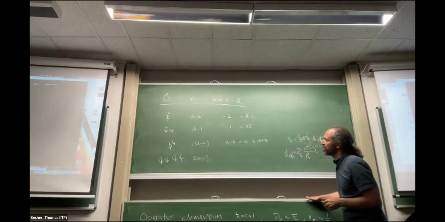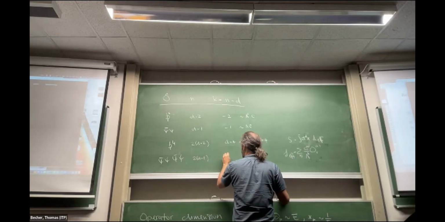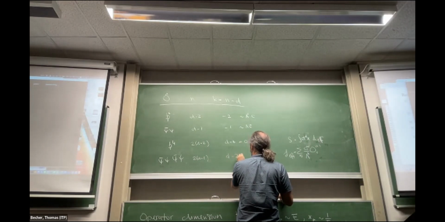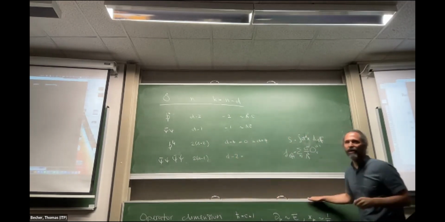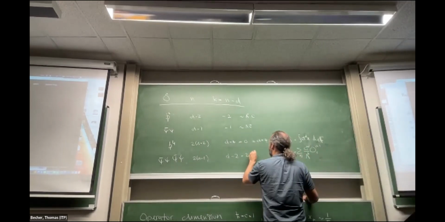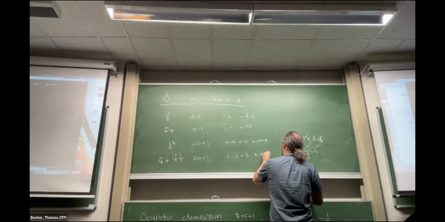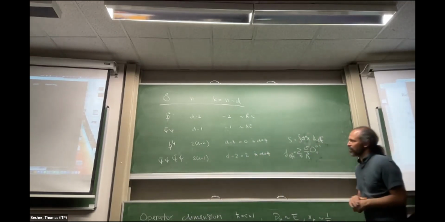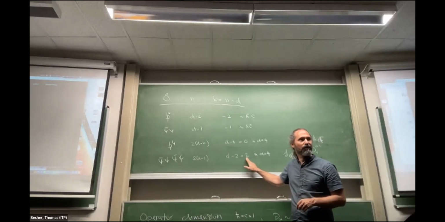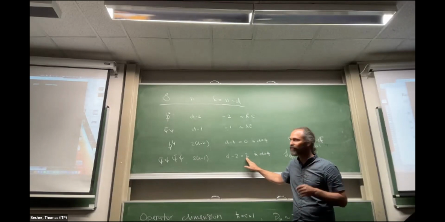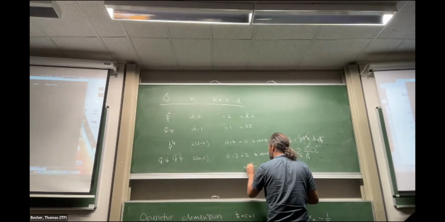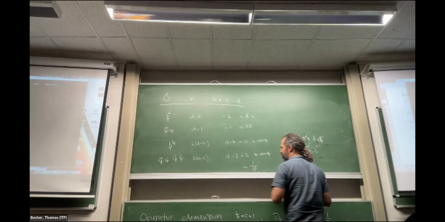I subtract d, so then this is d minus 2. And in 4 dimensions, this is 2. So that means when you integrate out this high energy physics, the coefficient of this thing should go like 1 over lambda squared.